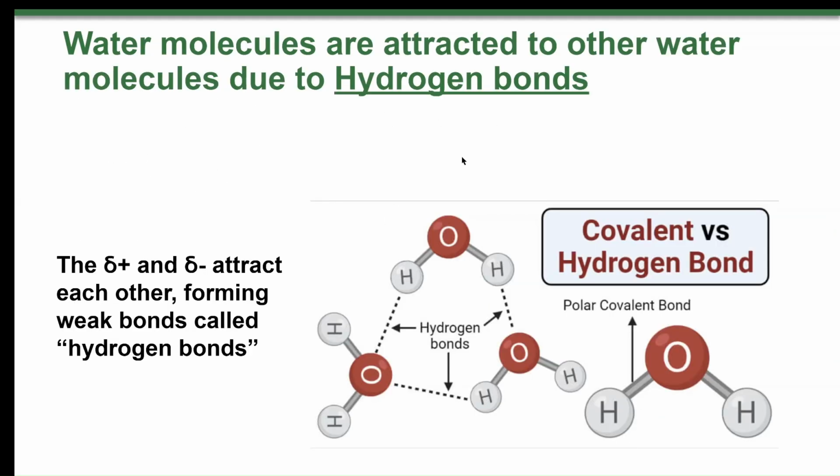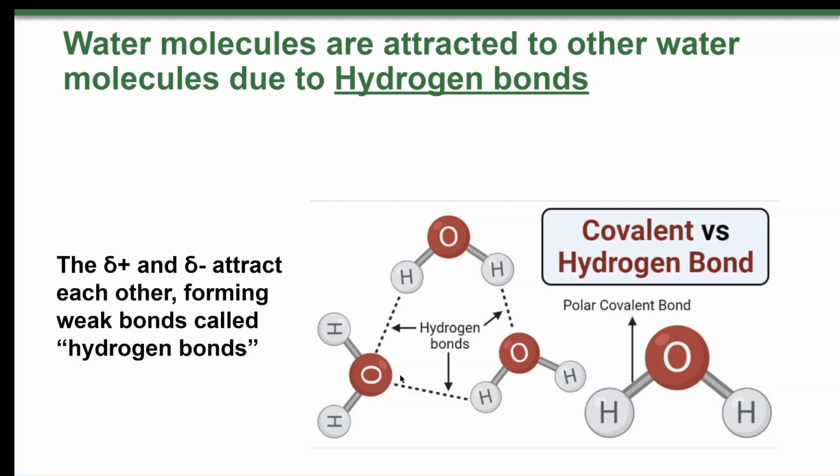So that's going to be really important when we talk about polar molecules. Water molecules, because they have these positive and negative regions, are attracted to other water molecules because of the polarity, and they form these things called hydrogen bonds. If you remember, hydrogens are slightly positive, oxygens are slightly negative. So this oxygen, because it's negative, wants to attract to other positive things.